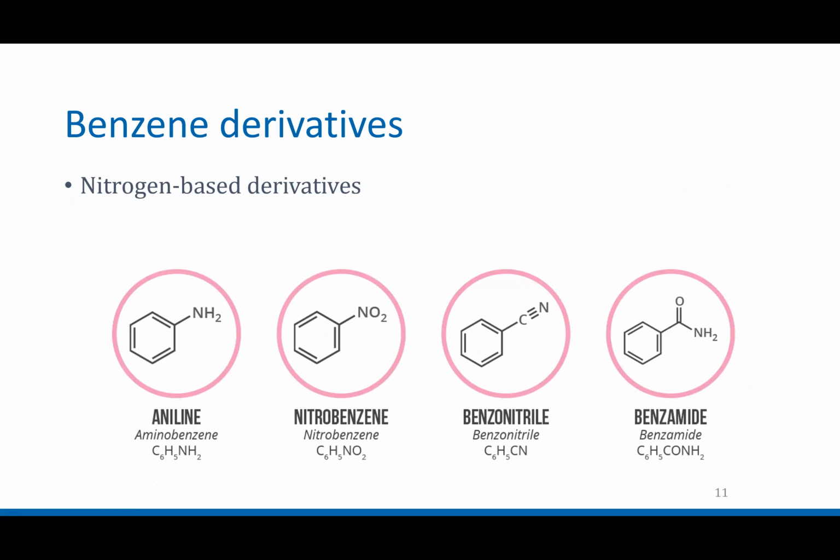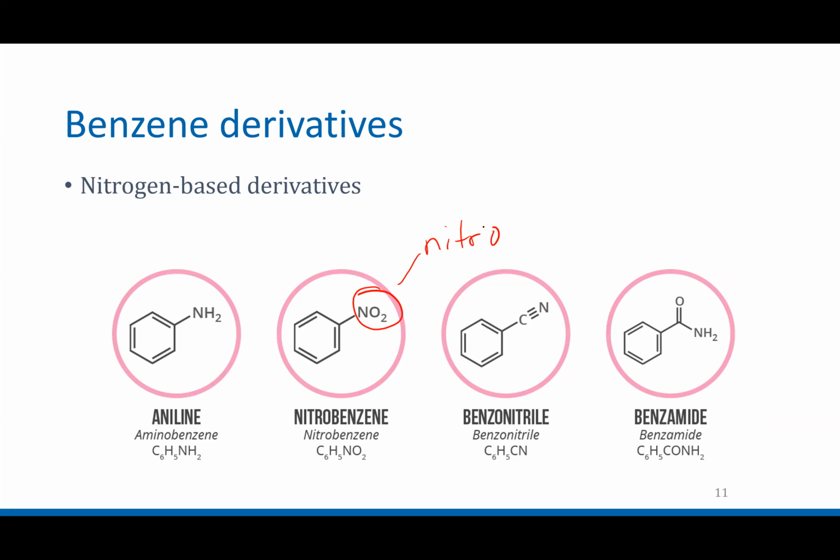Okay, so nitrogen-based derivatives. Again, not much to say here. If you have an amine attached to a benzene ring, it would be called aniline or aminobenzene. If you had an NO2 attached, this is a nitro group, by the way, a group we haven't really talked about.